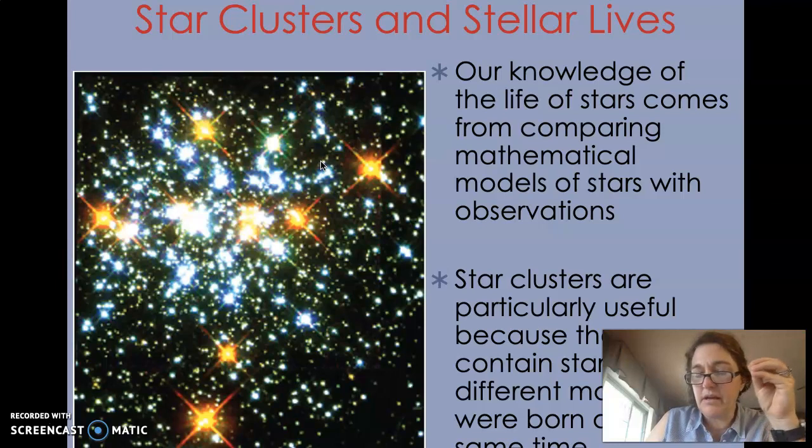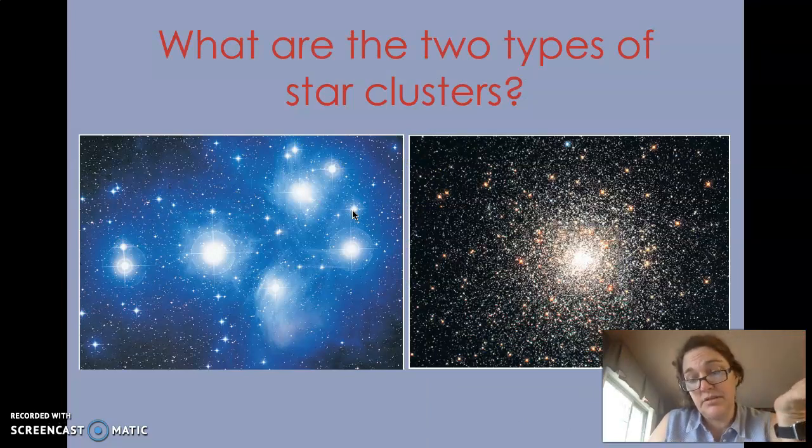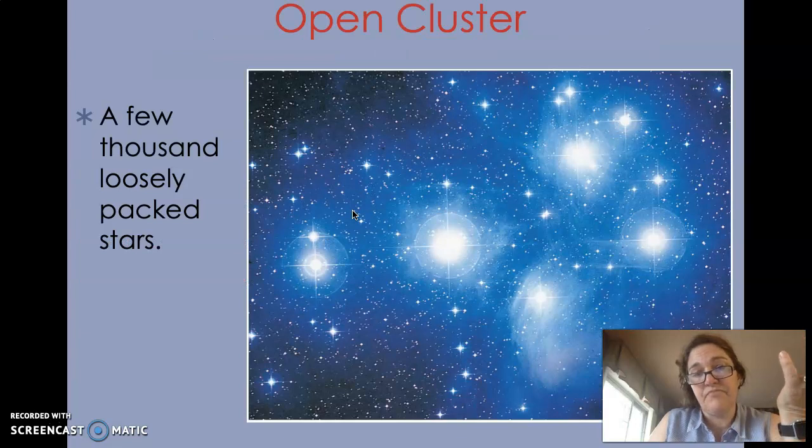Sometimes we find them in the halo of the galaxy, sometimes in the arms. But mathematical modeling of these clusters really helps us figure out the ages of the stars. So there's 2 different types of star clusters, and let's look at the 2 of them.